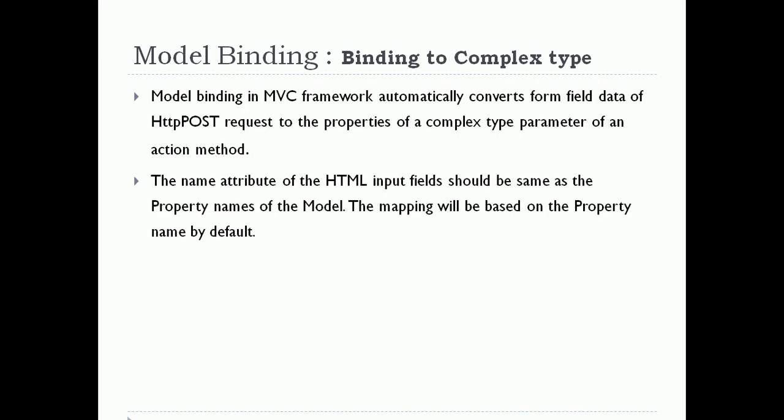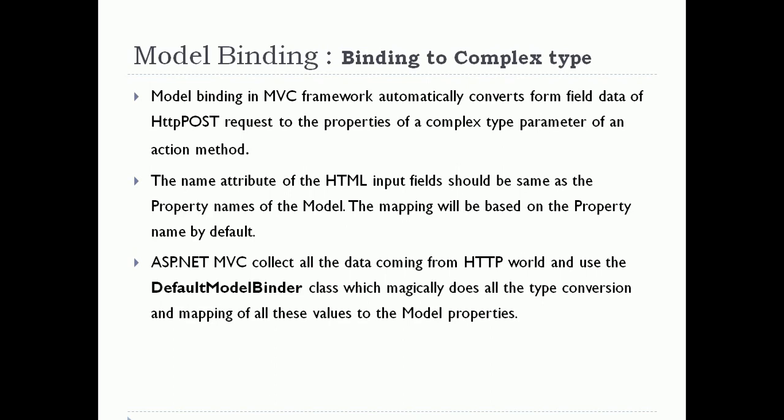Now what is the condition here? The name attribute of our HTML field should be the same as the property name of our model. The mapping is based on property name by default. So your property name and your HTML field name attribute should be the same. Now how does this happen?